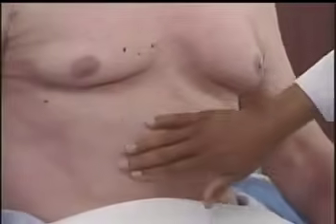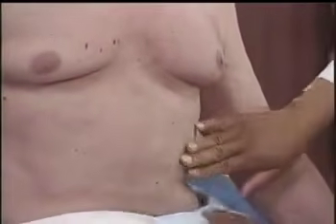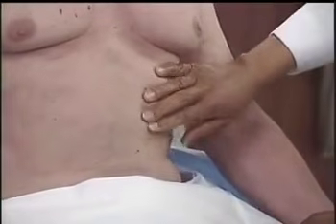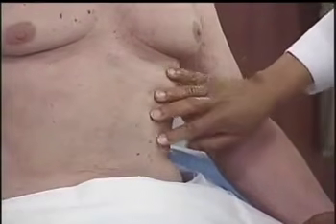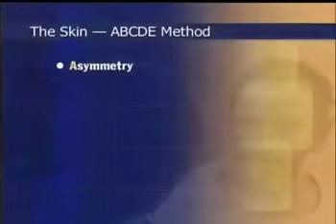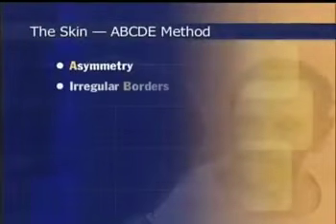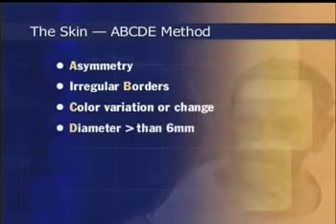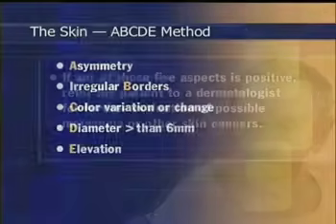Although several benign lesions commonly develop with age, elderly people may also develop skin cancers. When you see nevi or moles, assess for skin cancer using the ABCDE method. Inspect for asymmetry, irregular borders, color variation or change, especially blue or black, diameter larger than 6 millimeters, and elevation.